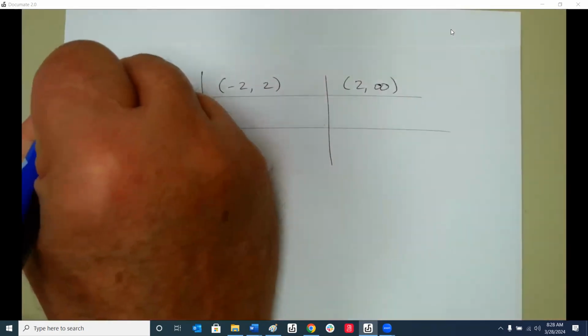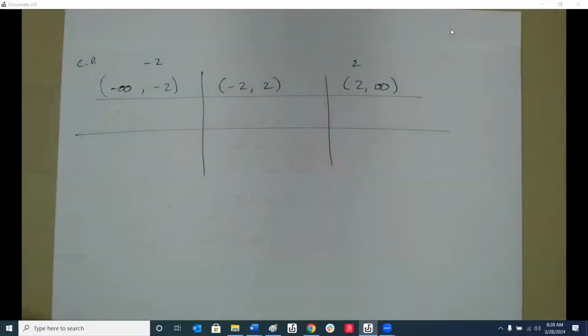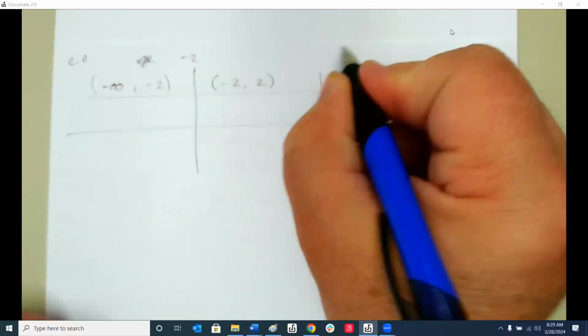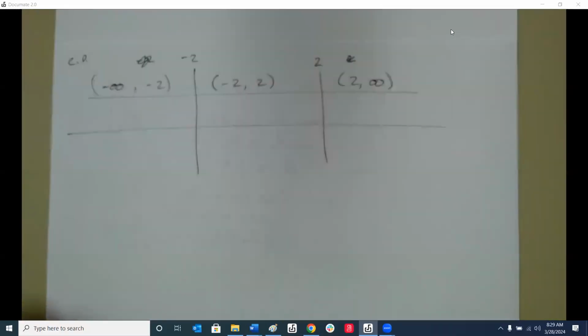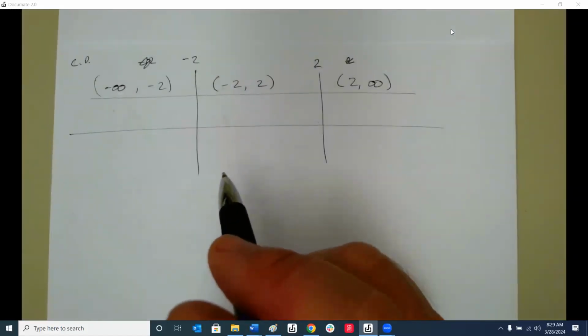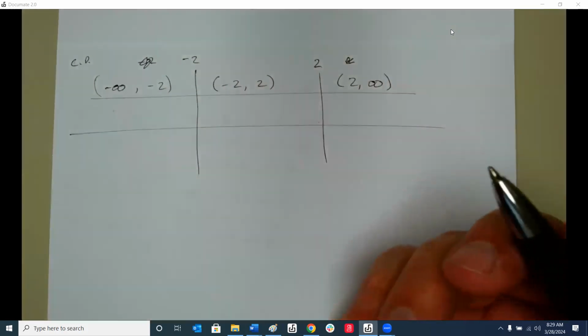Because our critical points were -2 and 2. I should put it here, -2 and 2. So what do you think you do next? Well, choose a point. Take a test value.